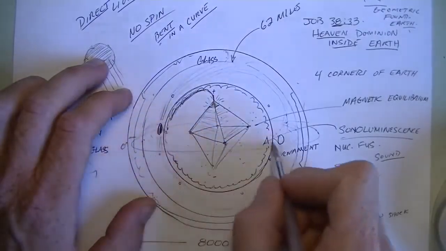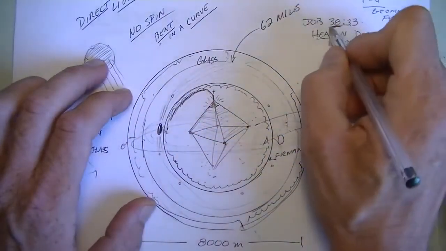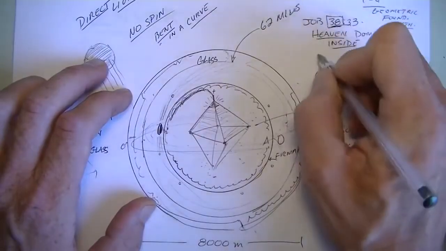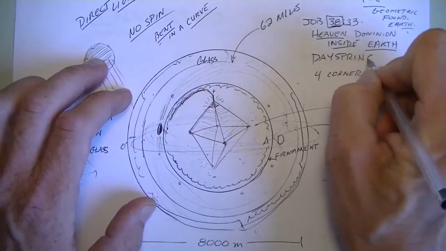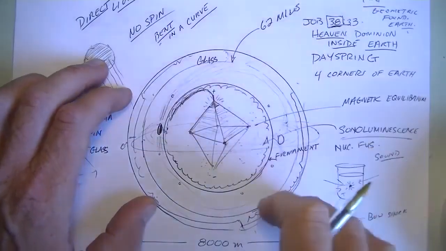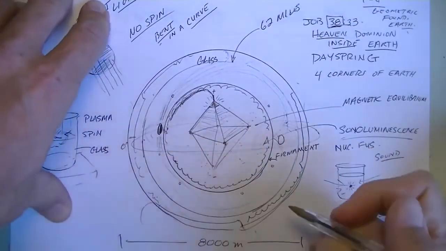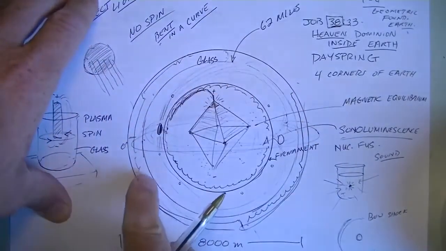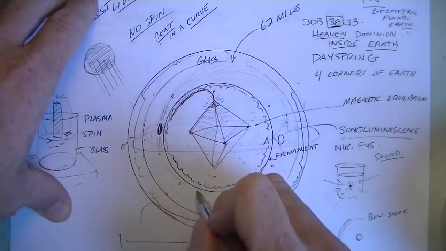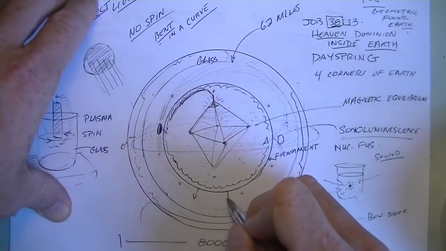There's an ecliptic here, okay? In Job chapter 38, it calls the ecliptic the day spring. Okay, so they're moving around like that, okay? Now, during the flood, pretend this line isn't here yet, okay? It says that the windows of heaven were opened.